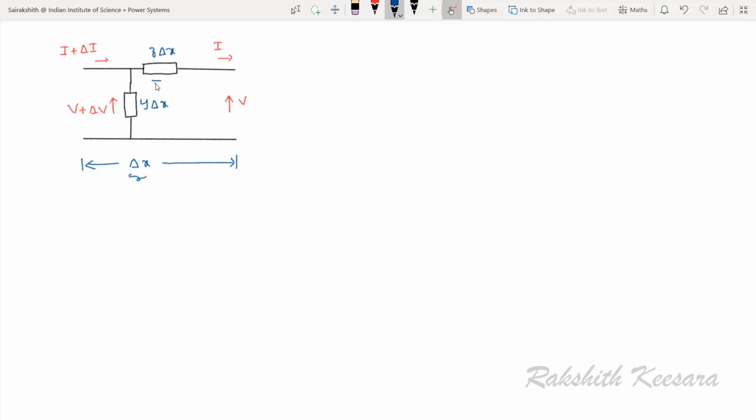If you apply KVL here, what will be the equation? V plus del V minus V is equal to z delta x into I, right? So from this I can write del V is equal to z I delta x. Is this okay?